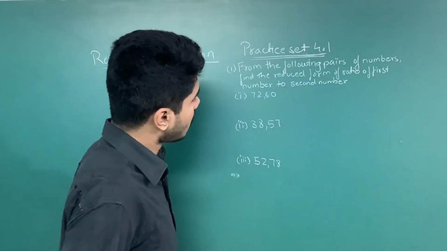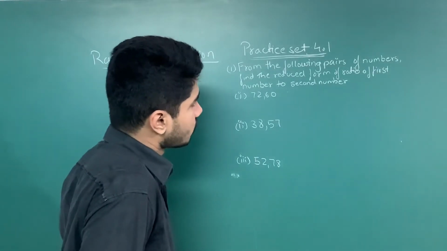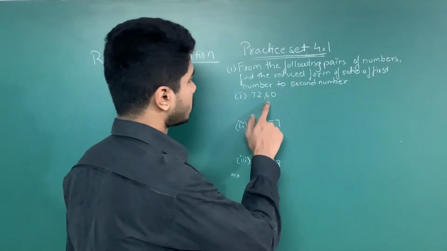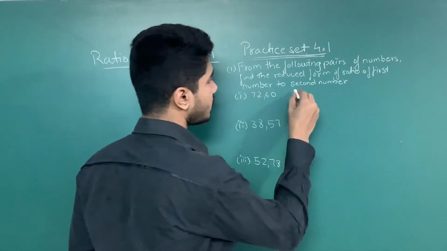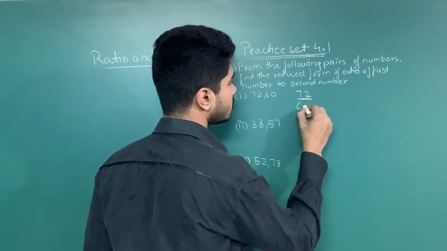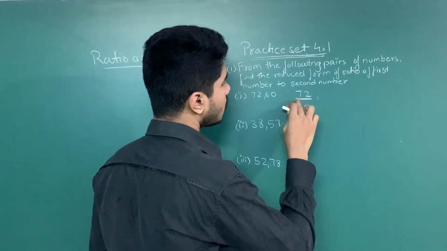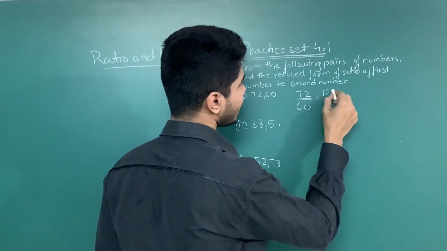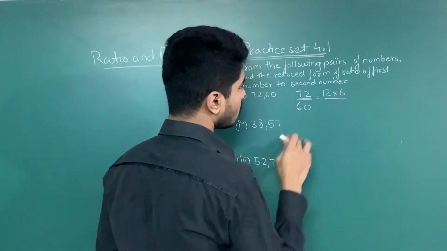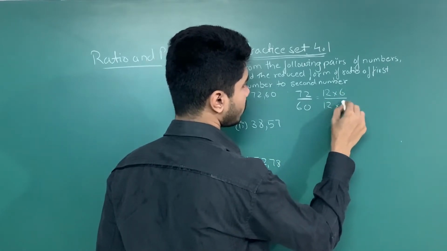यहाँ पे आप इस sum को दो तरीके से solve कर सकते हो. Either you convert this ratio, that is 72 upon 60, into a reduced form. Like मैं 72 को 12 into 6 लिख सकता हूँ और 60 को 12 into 5 लिख सकता हूँ.